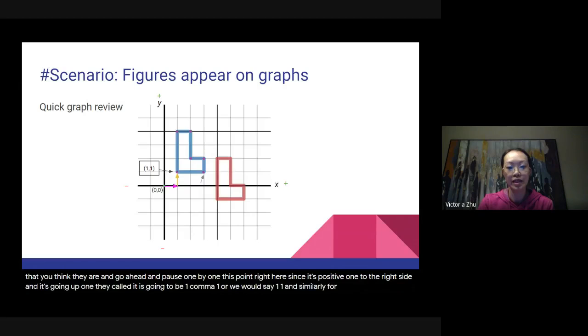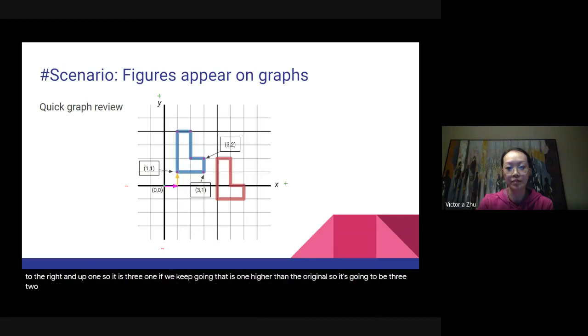Similarly, for the second point, it is 3 to the right and up 1, so it is 3, 1. And then if we keep going, that is 1 higher than the original, so it's going to be 3, 2. Going around, we'll see that this next point is 2 across and 2 up, so it's 2, 2.